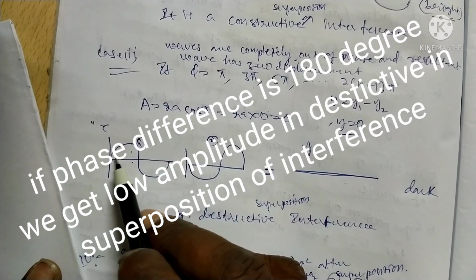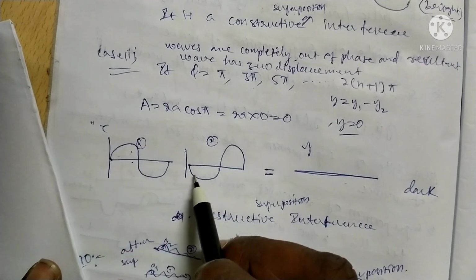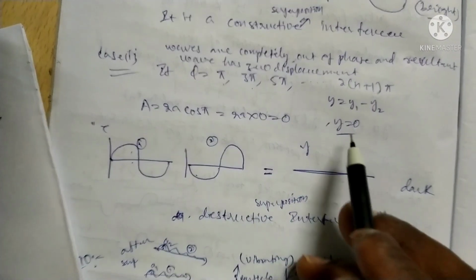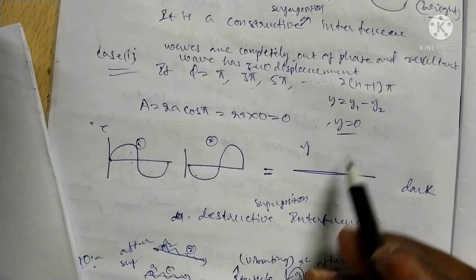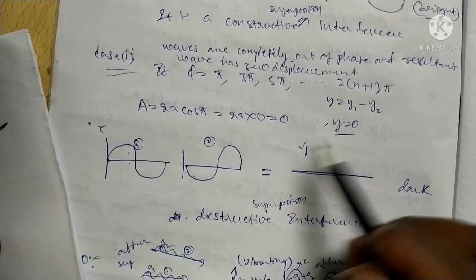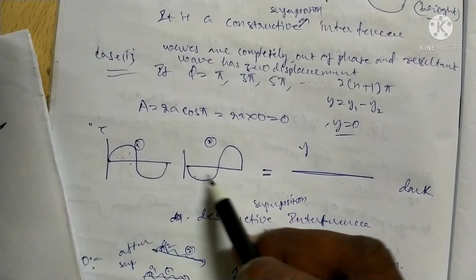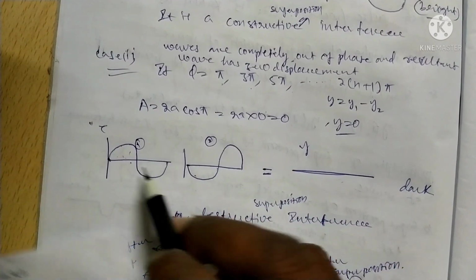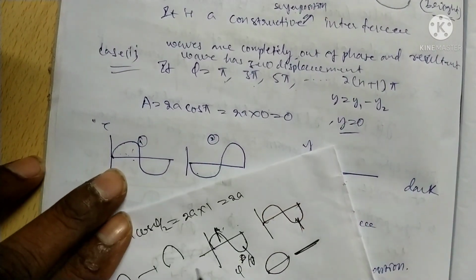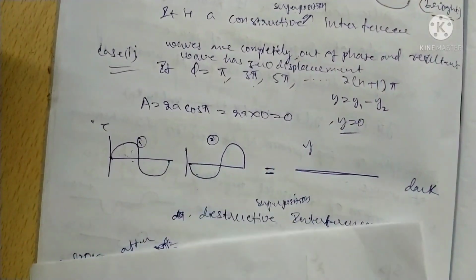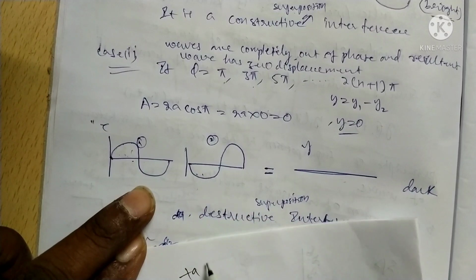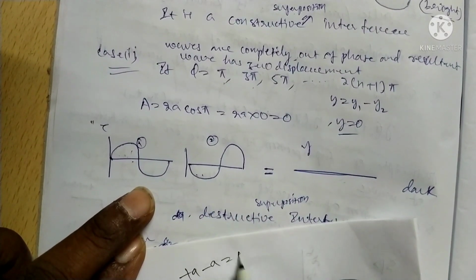This wave superposed with this wave forms a resultant displacement of 0, because here the amplitude is plus a and in this case the amplitude is minus a, which gives 0.